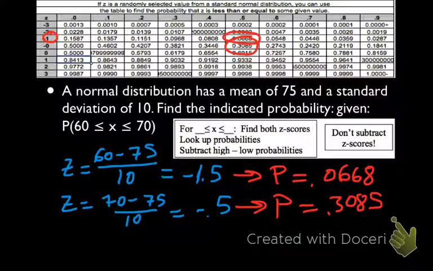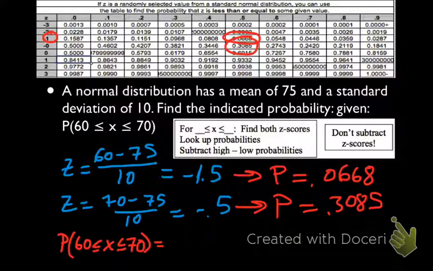And then the last thing it says is now subtract the lowest probability from the highest probability. So, in our final statement here, we're going to say the probability that x is somewhere between 60 and 70 is going to equal the highest probability, which is 0.3085, greater than 0.0668.